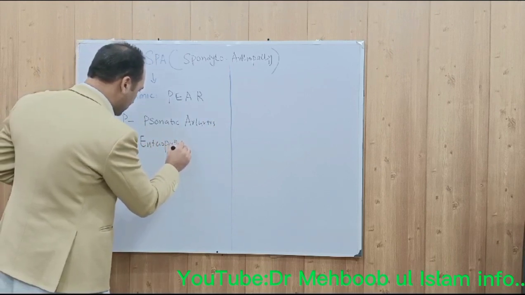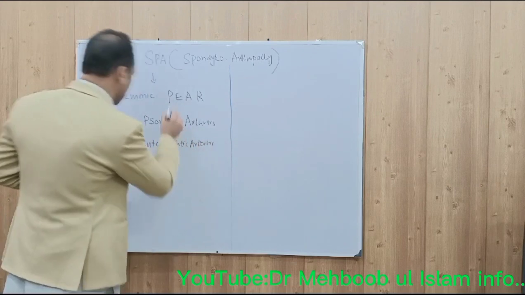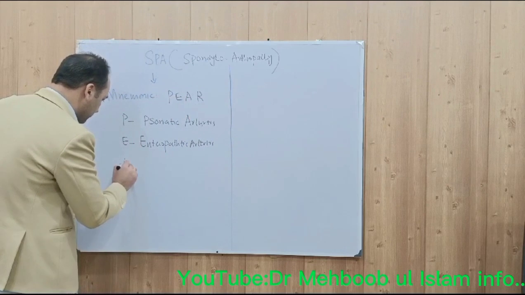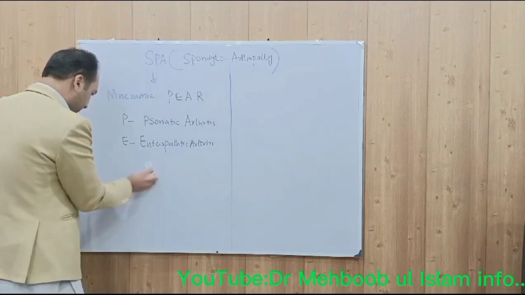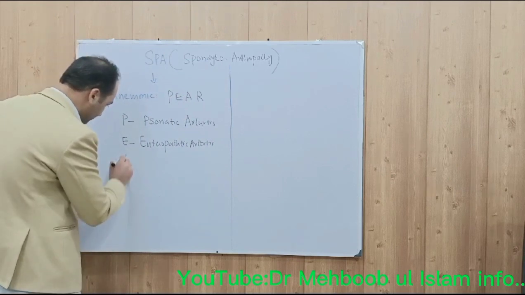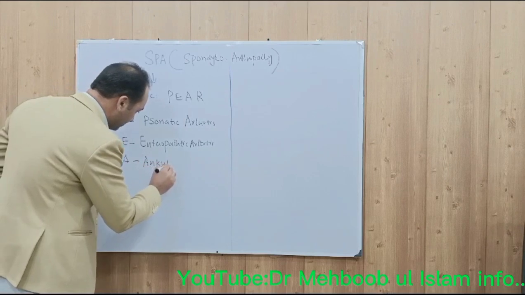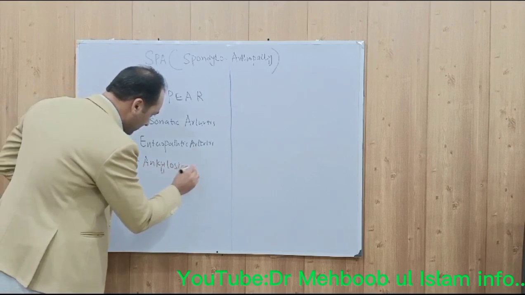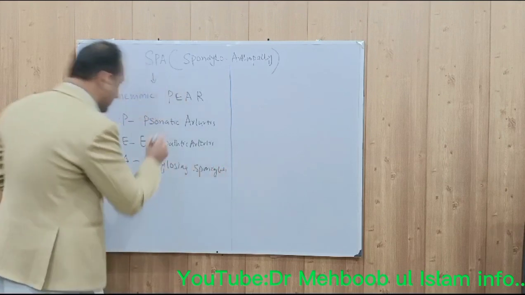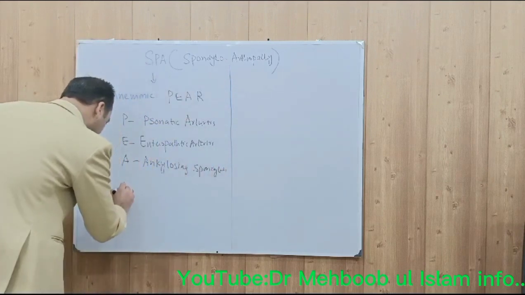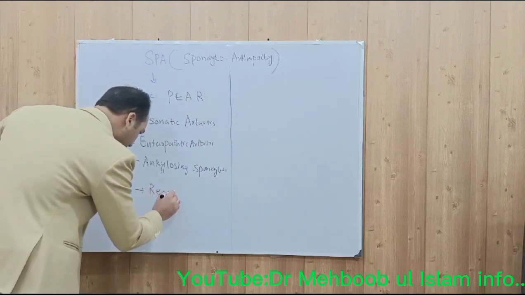A means ankylosing spondylitis. And R means reactive arthritis.